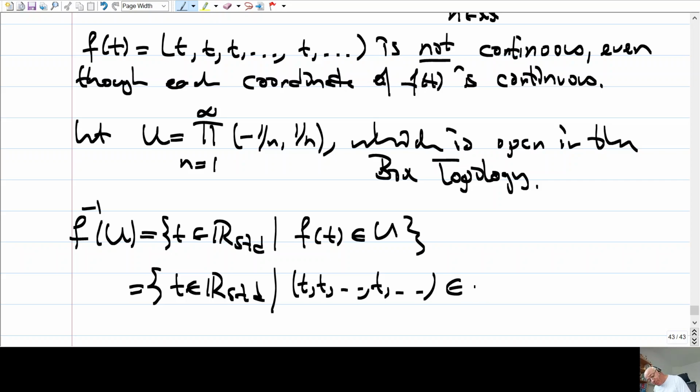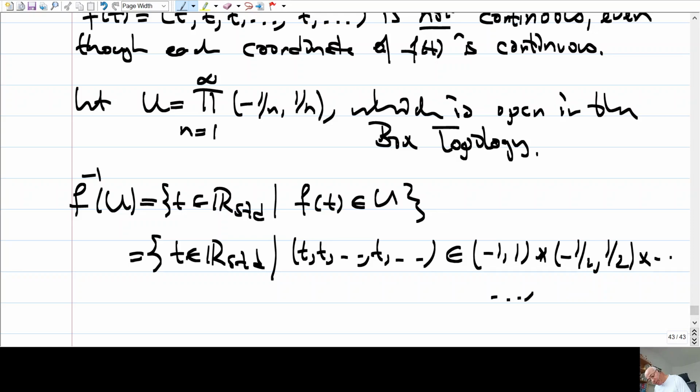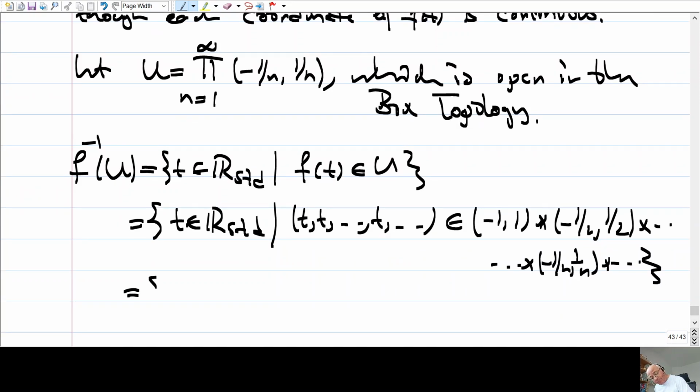U is this: minus 1, 1, cross minus 1 over 2, 1 over 2, cross minus 1 over 3, 1 over 3, and so on, minus 1 over n, 1 over n, and so on. So what is this then?